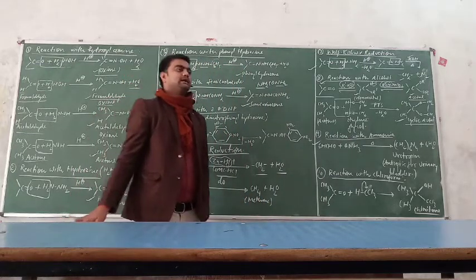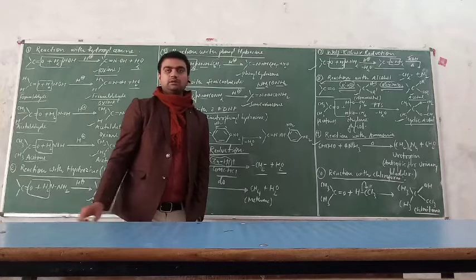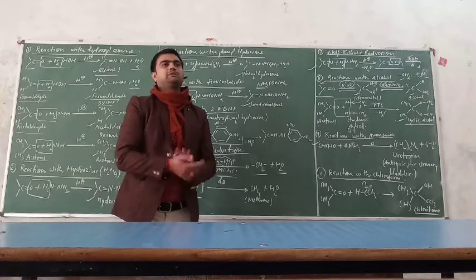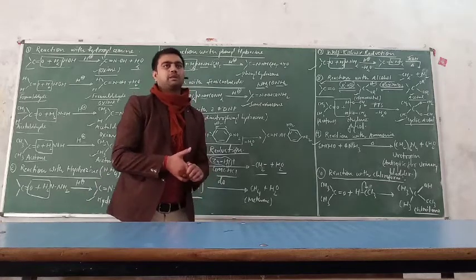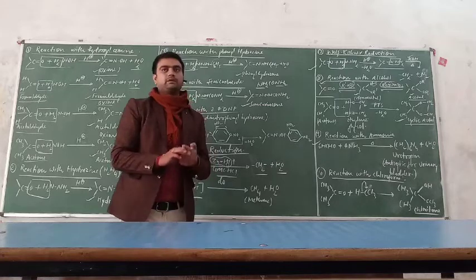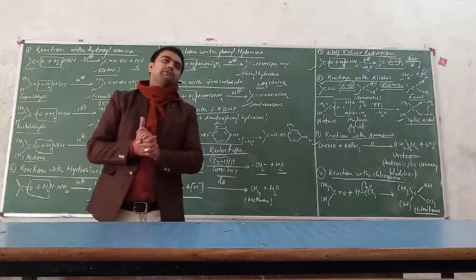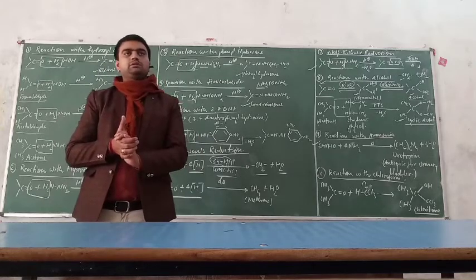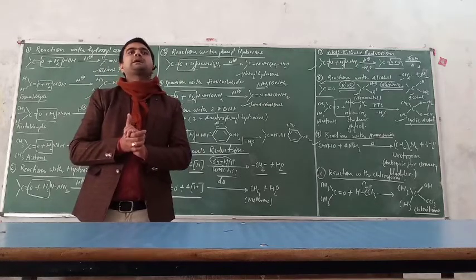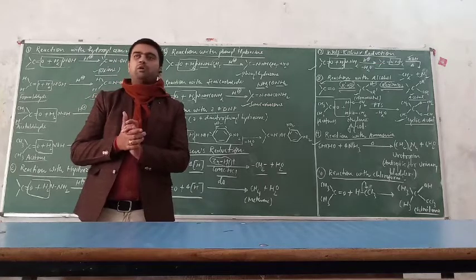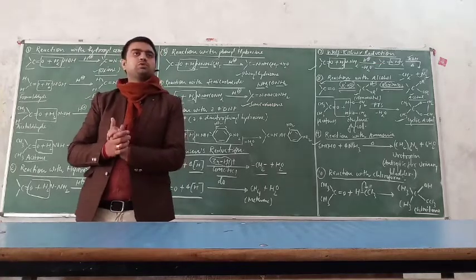Now here is reaction number 9, reaction with ammonia. When formaldehyde, this is a very important reaction. Clear? The question will be asked: what do you know about urotropine, or write a short note on urotropine. Clear? So when formaldehyde is treated with ammonia, then hexamethylenetetramine is formed, which is known as urotropine.